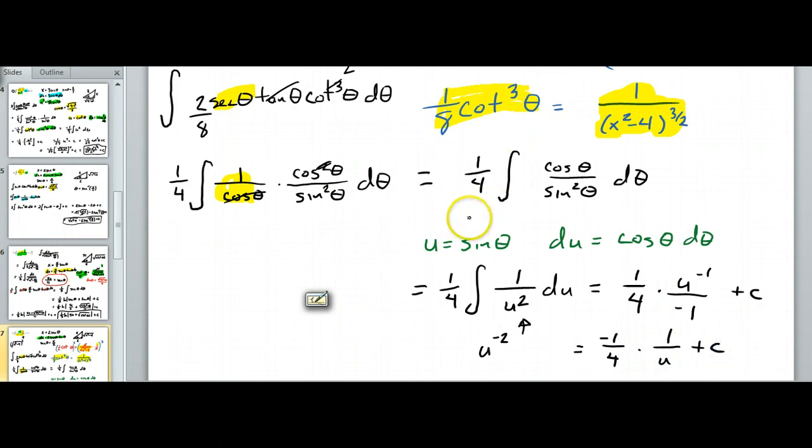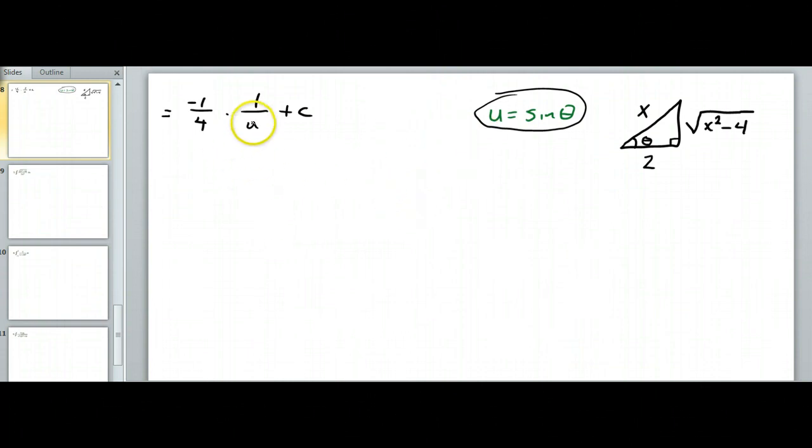Now, do your substitution back. U is the sine theta. So technically this is negative 1/4 times 1 over sine theta plus c, but what is 1 over the sine theta? 1 over the sine theta is the same as cosecant theta.